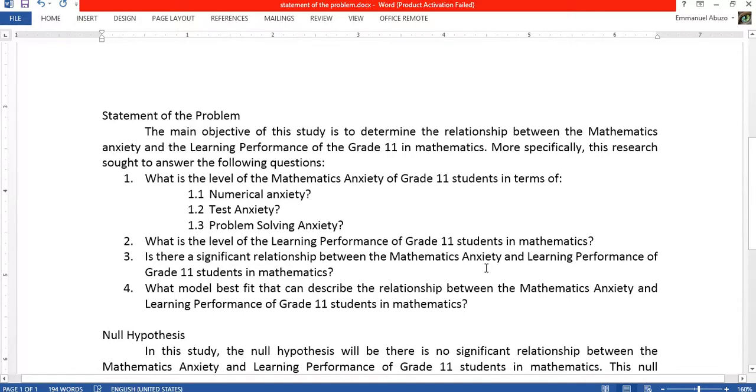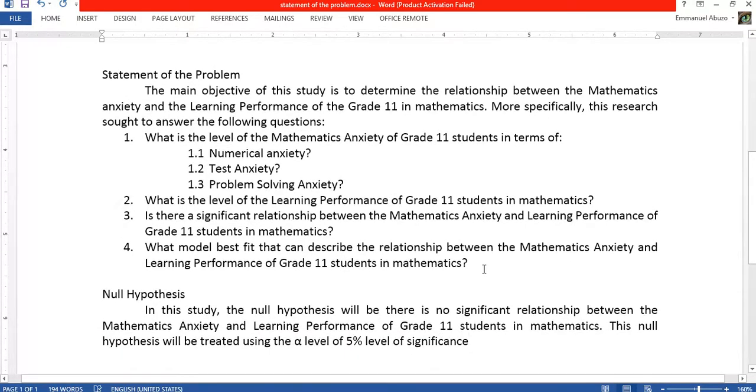My null hypothesis would be: there is no significant relationship between the mathematics anxiety and the learning performance of grade 11 students in mathematics. This null hypothesis will be treated using the alpha level of 5% level of significance.